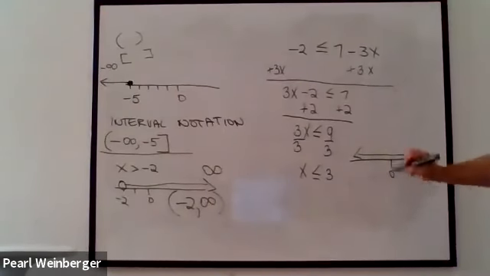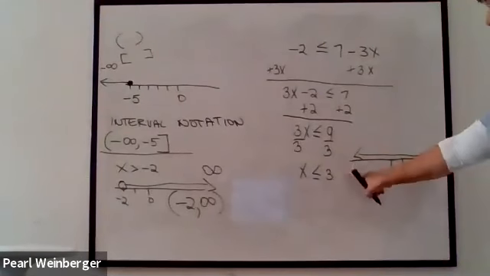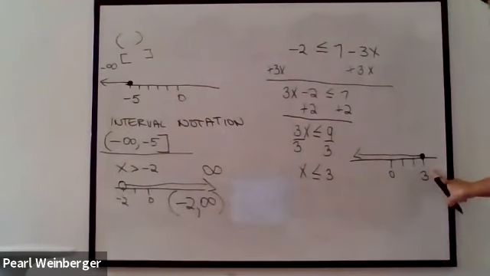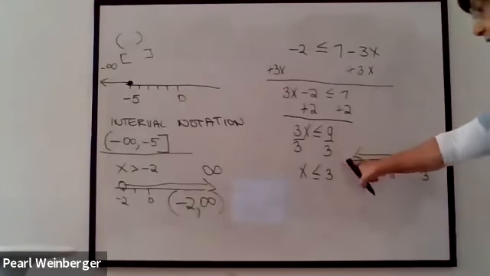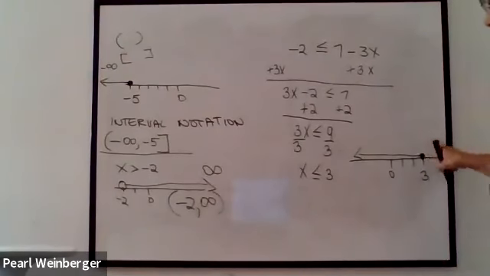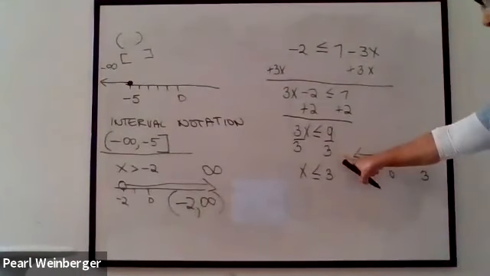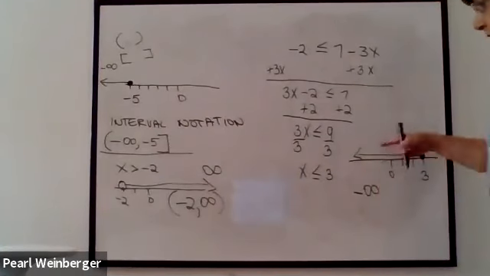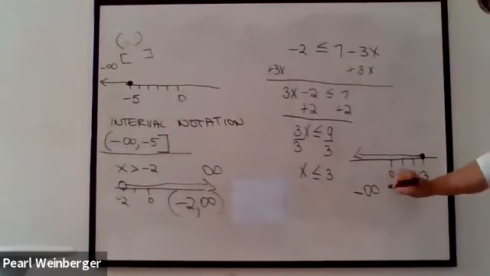And in interval notation, remember, our interval always starts on the left and goes to the right. Doesn't matter where the arrow points, its interval goes from left to right. So the beginning of this interval is negative infinity, because that arrow's pointing on and on.